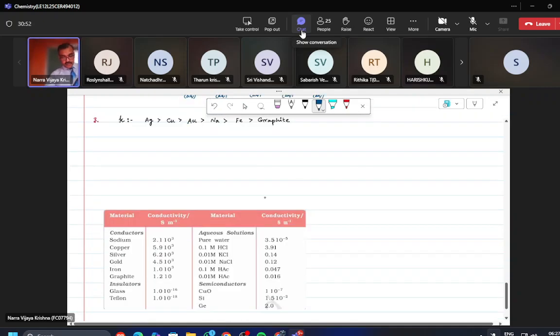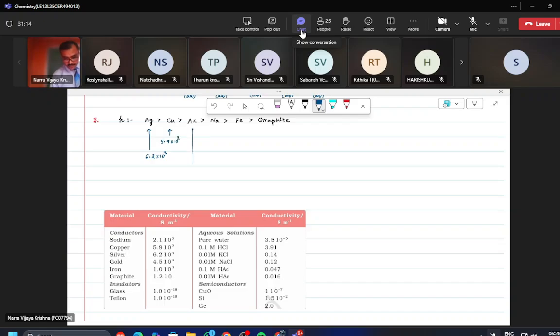Anyhow, let me write those values somewhere. Silver 6.2 into 10 power 3. Copper 5.9 into 10 power 3. Gold 4.5 into 10 power 3. Sodium 2.1 into 10 power 3.